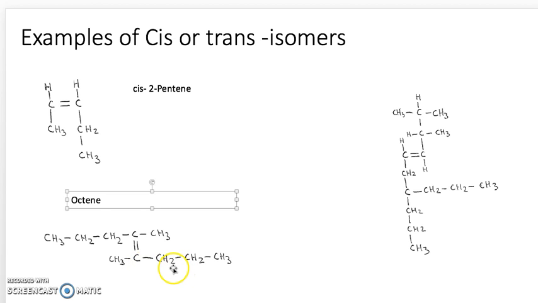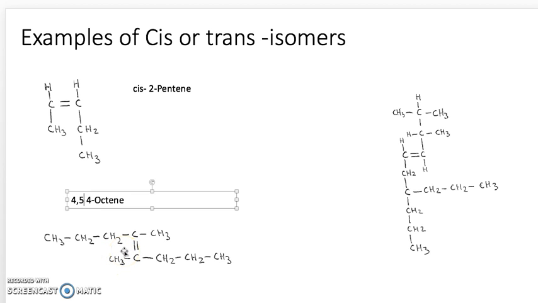We need to describe the position of the double bond, so that is 1, 2, 3, 4. 1, 2, 3, 4, the same from either side. So it's 4-octene. We also need to describe if there's any methyl groups or ethyl groups or other substituents or branches, and there's one here at position 4 and there's one here at position 5.